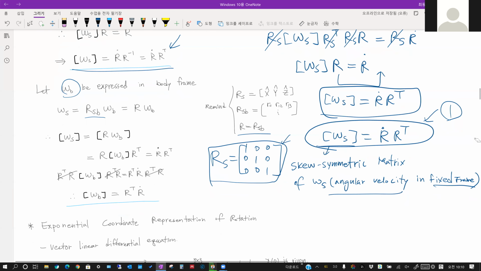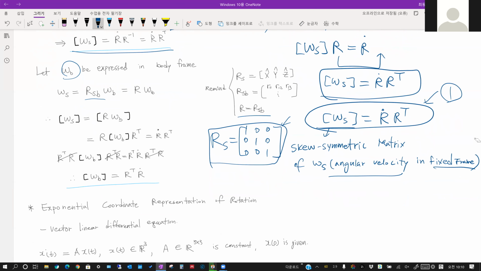And by bracketing the left side and right side, we can rewrite the equation like this. And here, the R came out from here to here. We already know R omega S bracket is R dot R transpose.